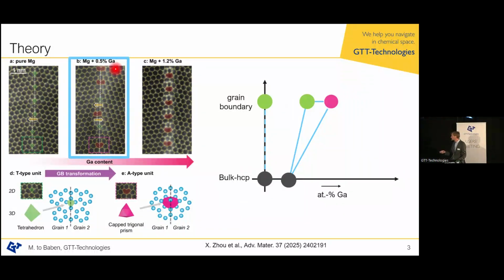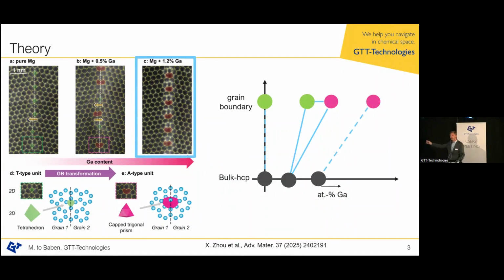But we have here at the grain boundary a part of these green structural motifs, the T-types, and the red ones, the A-type structural motifs, which is actually, I would say, a three-phase equilibrium between the bulk, the A-type, and the T-type. And then as we increase further the gallium concentration going to the right, we have again a two-phase equilibrium between the bulk here somewhere away from the grain boundary and only the A-type structure unit. Oh, wonderful. Good.